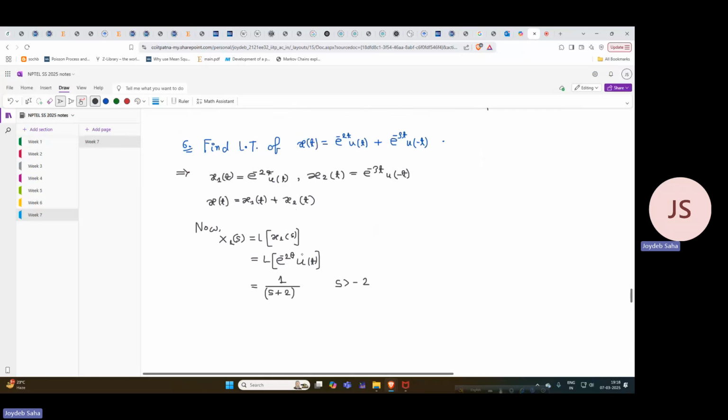Now X1(s) will be Laplace transform of small x1(t), and its value is e to the power minus 2t u(t). So the Laplace transform of e to the power minus 2t u(t) is 1 upon s plus 2, with the region of convergence greater than minus 2.